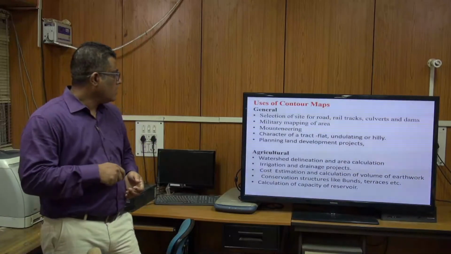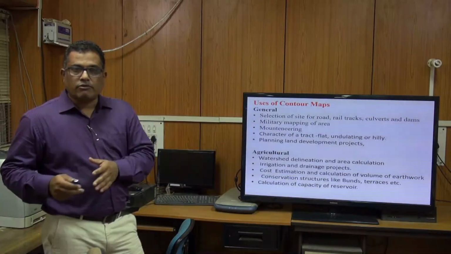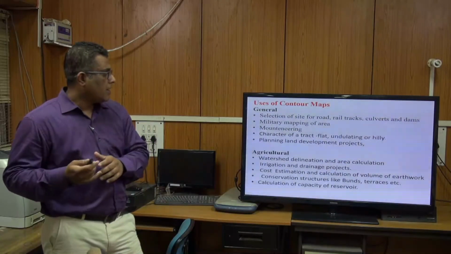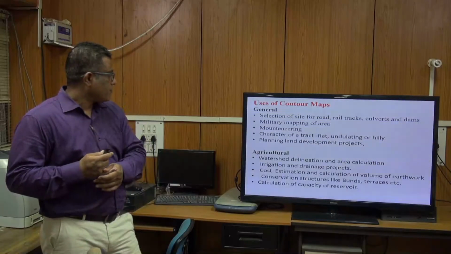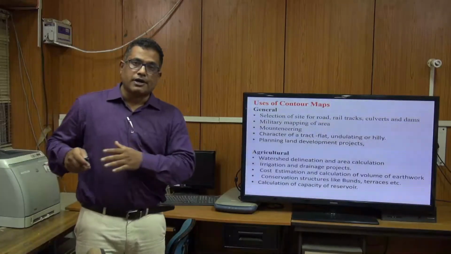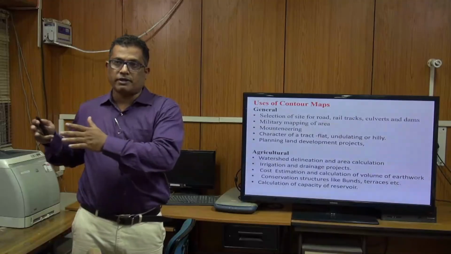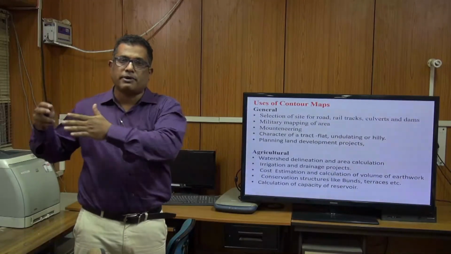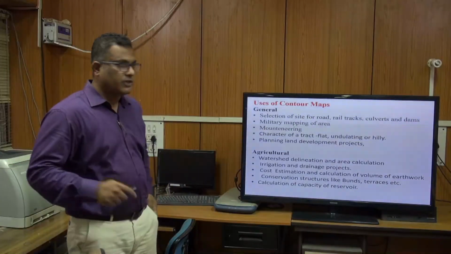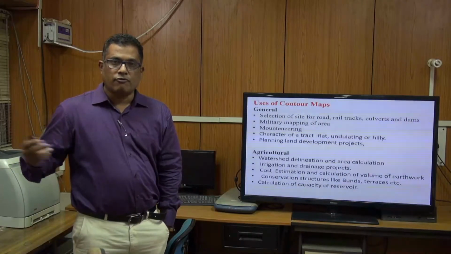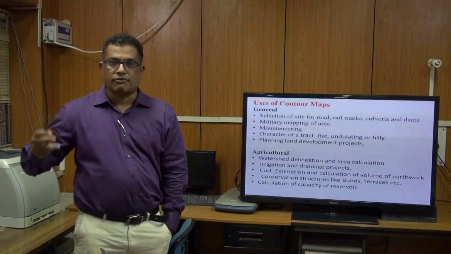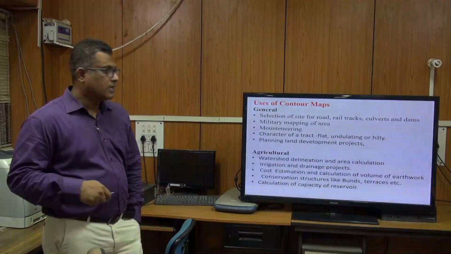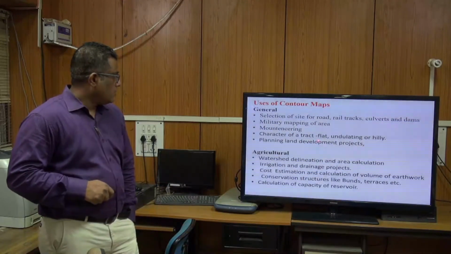Contour lines are very effectively used for selecting the site of roads, railway tracks, and even culverts and dams. They are also used very much in military mapping, like where the military road should go, which terrain it should cross, where bridges should be placed. Mountaineering also, where cliffs and very steep slopes are. Such uses are there.